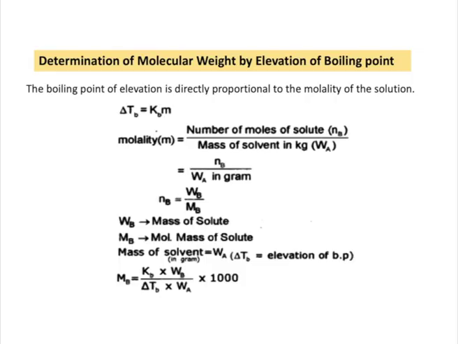Therefore, delta TB is directly proportional to m, then we have to remove that proportionality with some constant value. Here that constant is denoted with Kb. Kb is the proportionality constant. In case of boiling point, it is also known as the ebullioscopic constant.